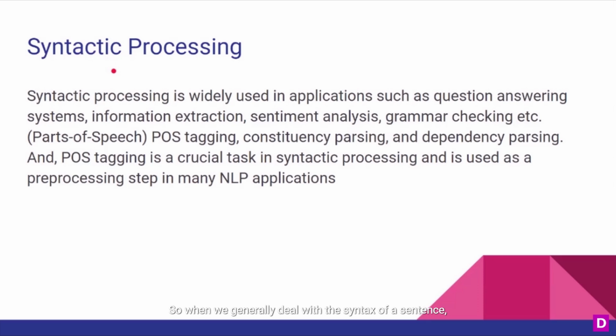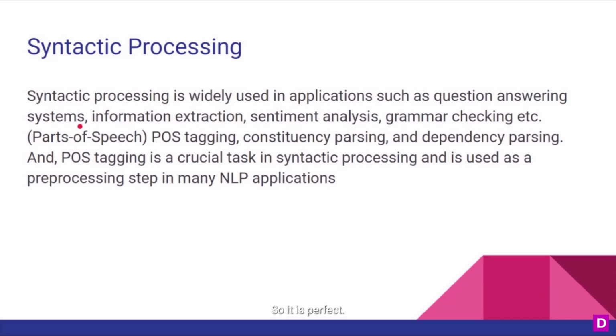When we deal with the syntax of a sentence, what we directly concern ourselves with is POS tagging. POS means part of speech. That's what I was trying to explain at the beginning: the right form is governed by the part of speech of a given word.